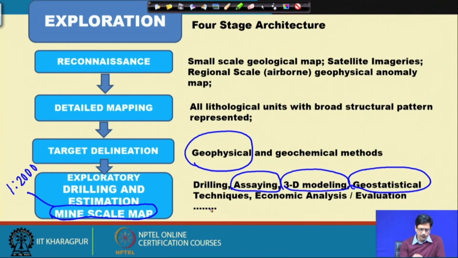So, this 4-stage exploration architecture actually ends there, where the exploration company possibly will hand over the data to the agency interested in mining or exploitation of the particular mineral resource, and then they would subject that resource to all sorts of quality and quantity assessment, feasibility analysis, and then the detailed estimation of the ore body in terms of the reserve.